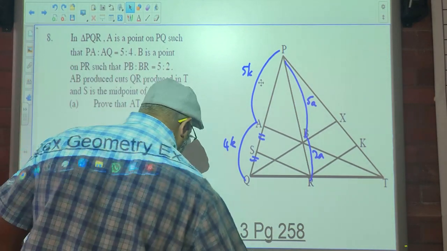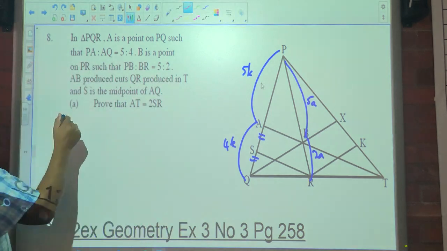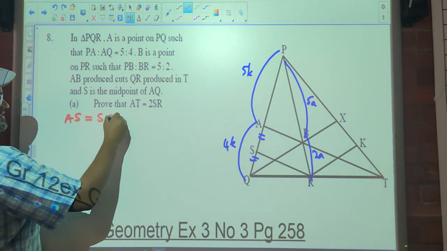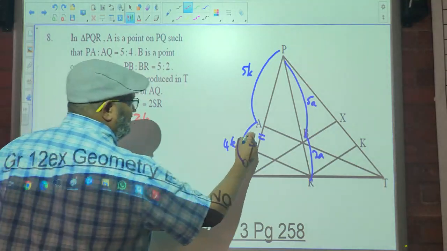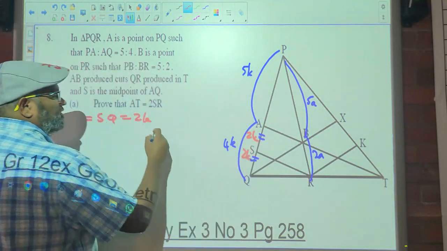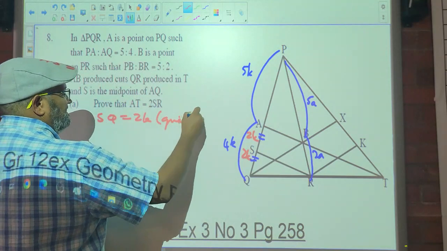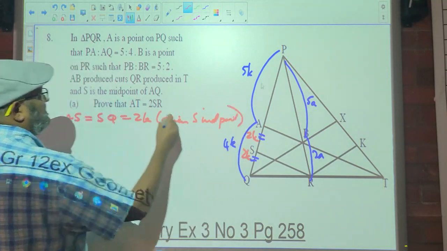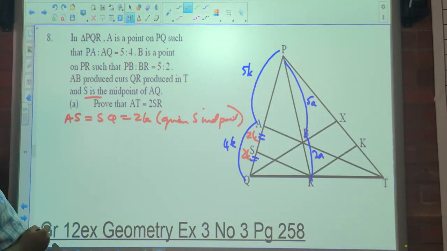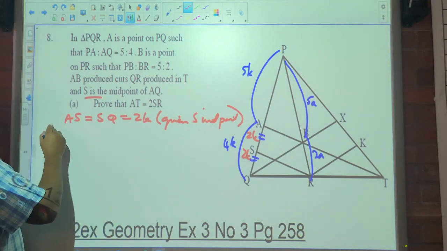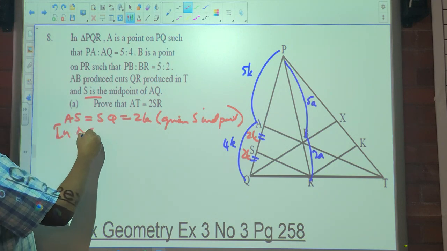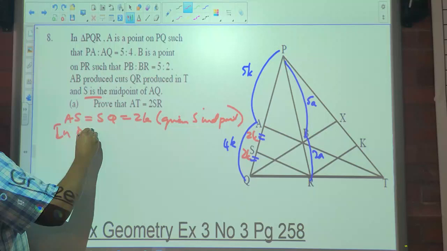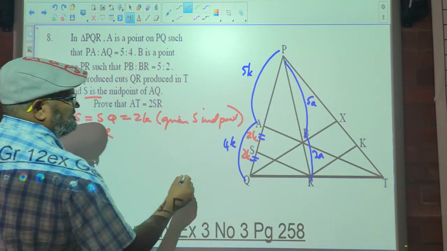Right, so let's just wrap this up quickly. I don't want to do this again in the next lesson. So firstly, we're going to say that AS is equal to SQ, which is equal to 2K. Why is that 2K? Because S is given to be the midpoint. Then, in triangle PSR, what can we say?